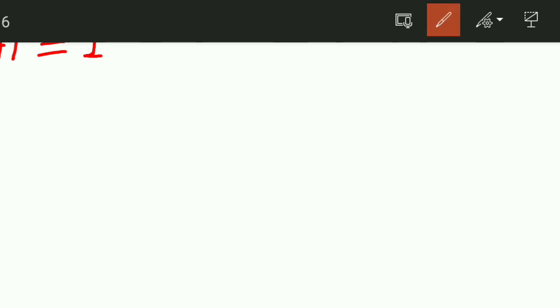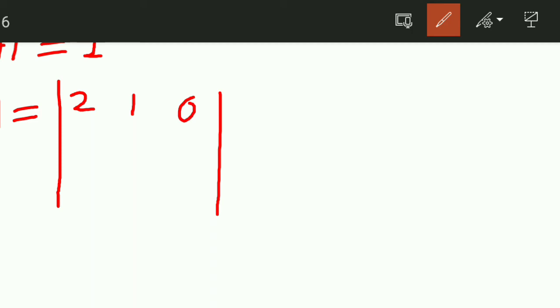Let us take matrix B. Matrix B is 2 1 0, then 1 minus 1 minus 1, and 0 minus 1 2.